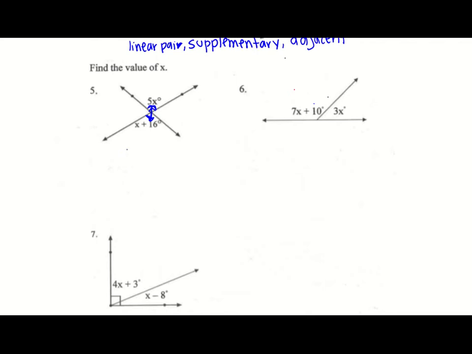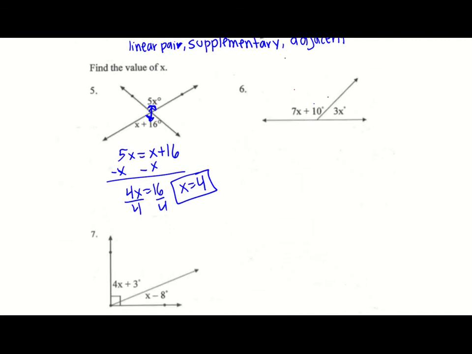So I can set 5x equal to x plus 16. And I can solve. Bring my x to the other side. Get 4x equals 16. So x equals 4. That is my answer for number 5.